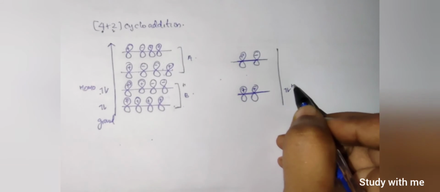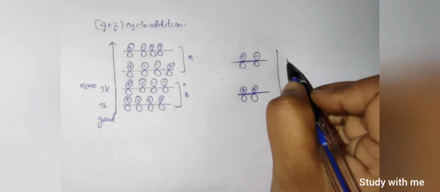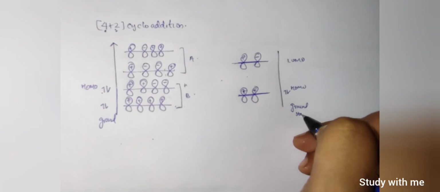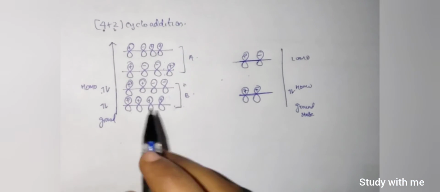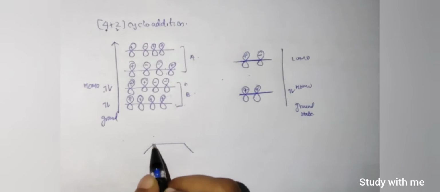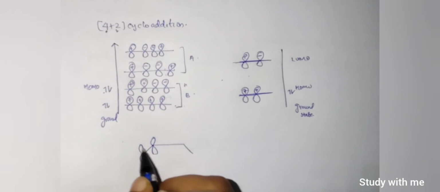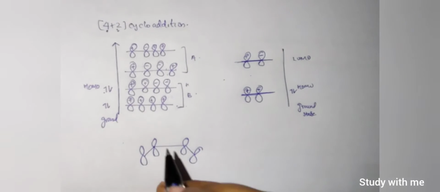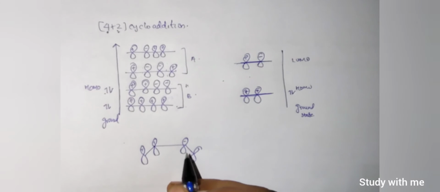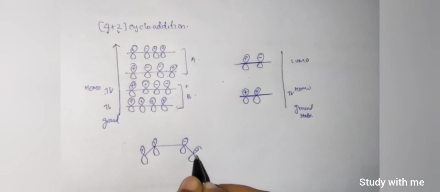So this is the ground state HOMO and this will be the ground state LUMO. So take the ground state HOMO of butadiene like this. Now we are going to add these 2. So we draw like this, and the first 2 will be positive and then there will be 2 negatives.